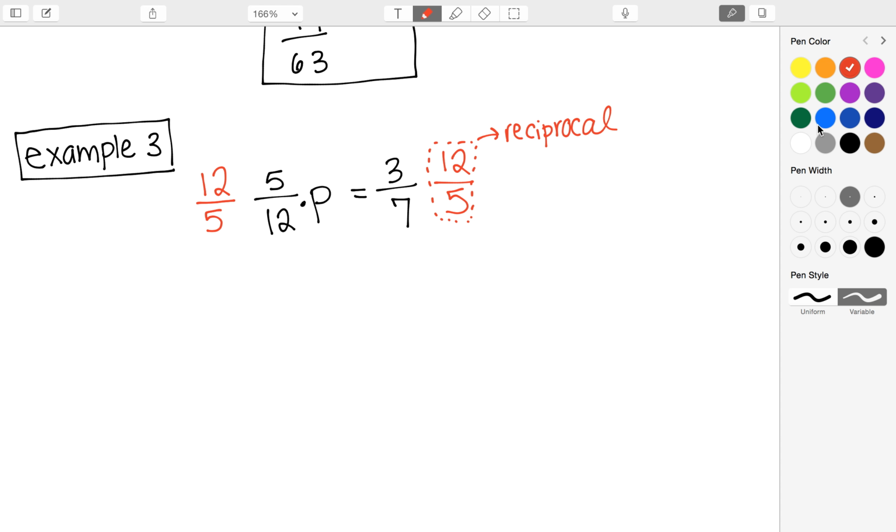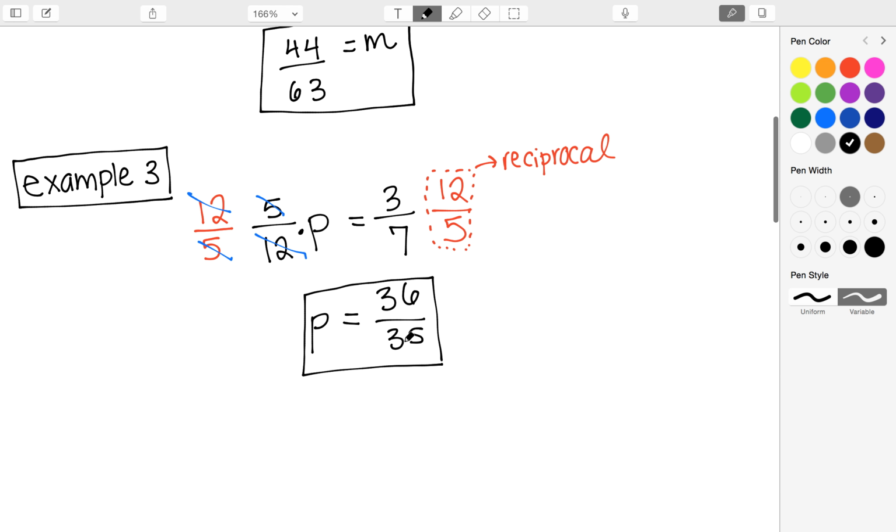All right, so on this side, I have a 12 and a 12. Those can cancel, a 5 and a 5. And I'm left with p equals. This side I have 3 times 12, which is going to give me 36, over 7 times 5, which gives me 35, which is my answer.